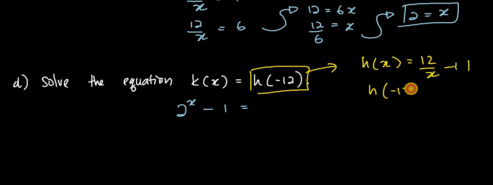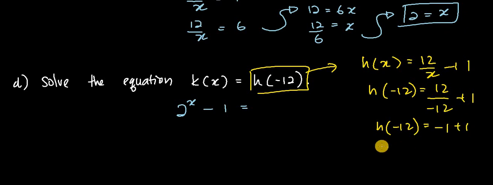So h of negative 12 will be 12 over negative 12 plus 1, which is negative 1 plus 1, so the answer I get is 0. So h(negative 12) is 0.